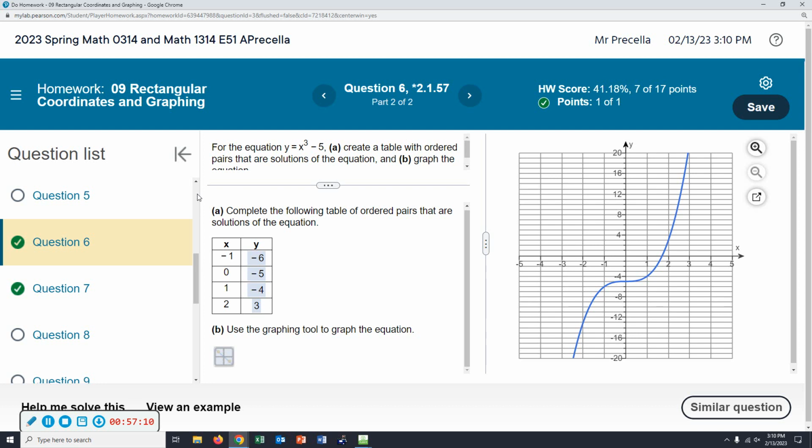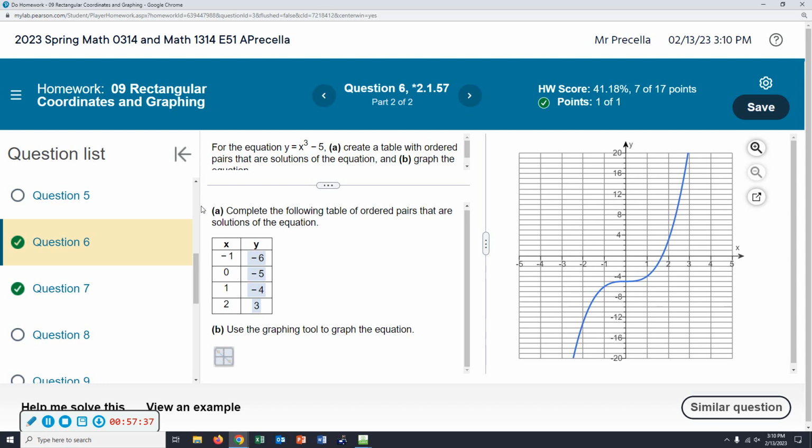Well, we keep seeing that little tool that says absolute value tool. So let me talk about absolute value graphs.